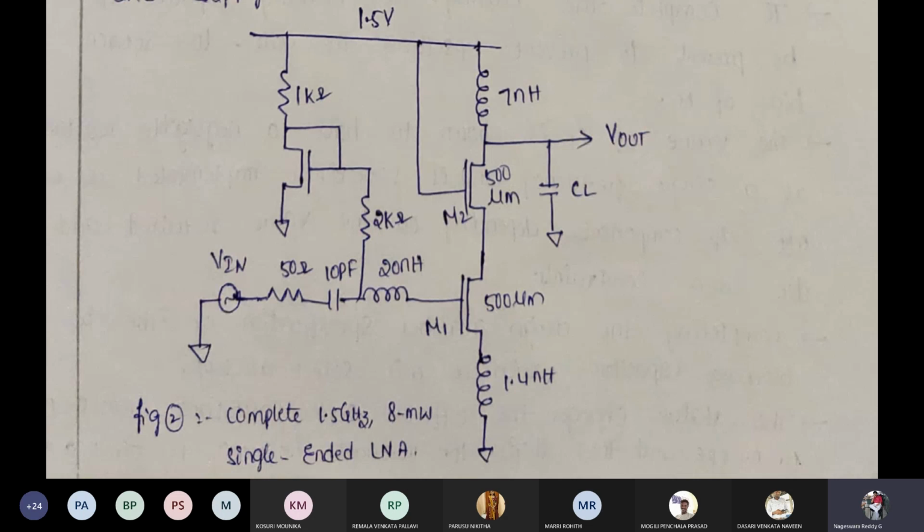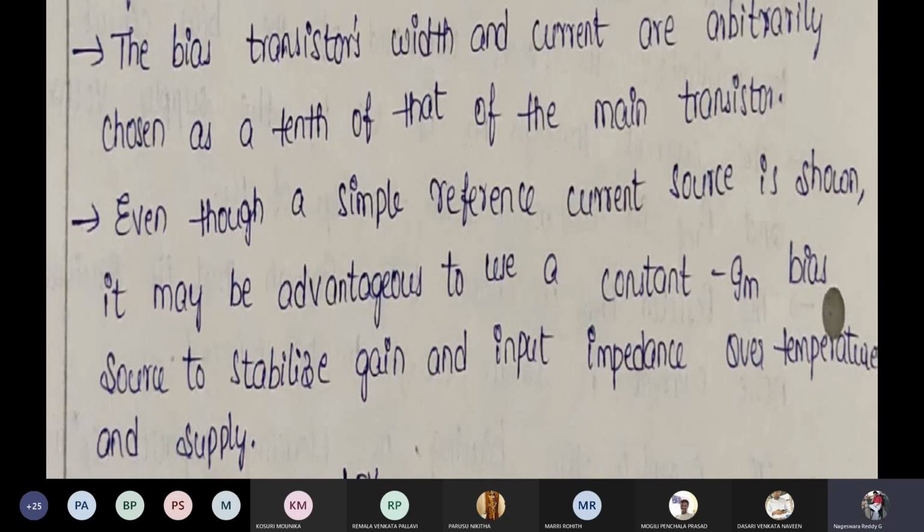The reference resistor value is 1 kilo ohms. The bias transistor's width and current are arbitrarily chosen as a tenth of that of the main transistor.